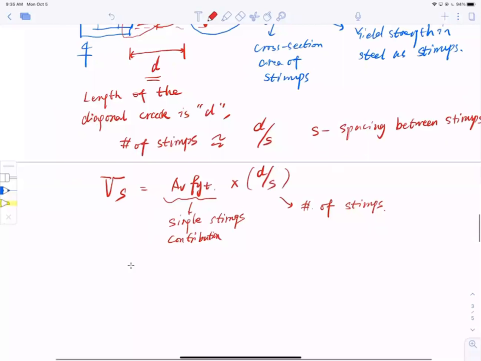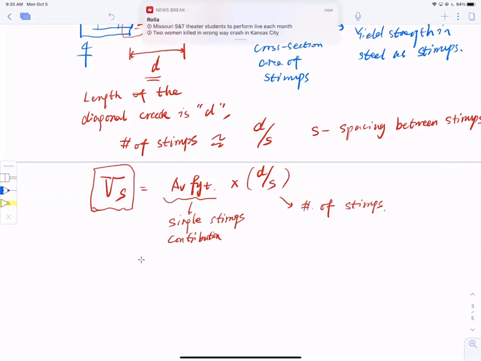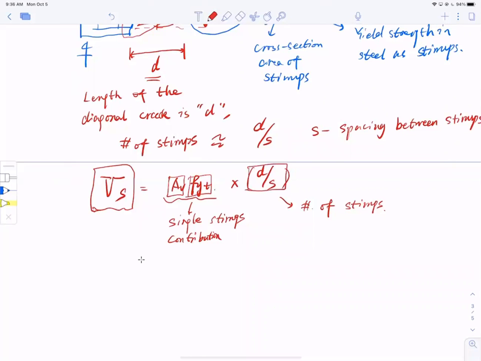So this Vs, the shear resistance from the steel, is determined by the cross section area of the stirrups, which normally includes two legs, multiplied by the yield strength of the stirrups, and multiplied by the number of stirrups in this diagonal crack.